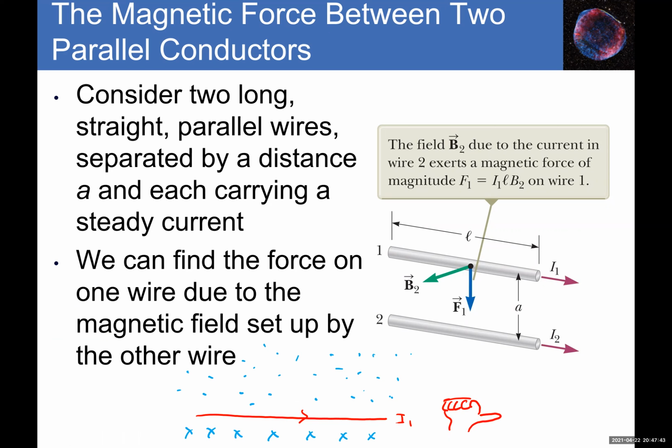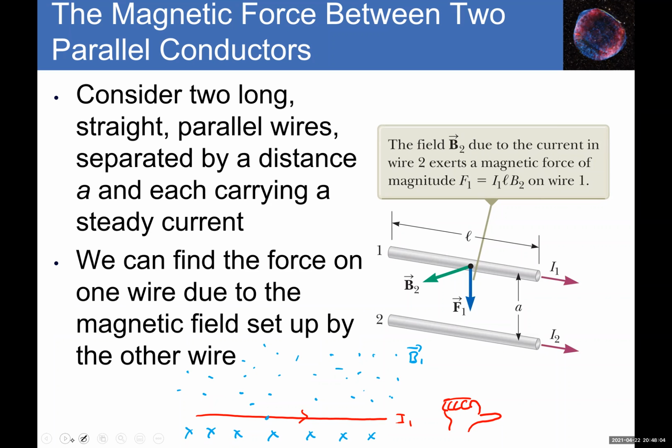Let's call this B1, the magnetic field generated by wire 1. Now, we learned that the magnetic field at the point where this wire is, for example some point right here, will be 0. It does not generate any magnetic field where the wire itself is, and it's never affected by that.